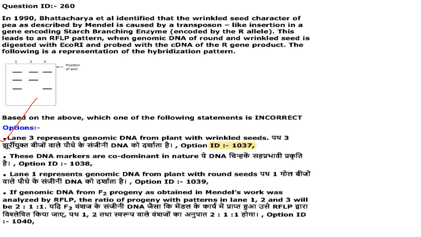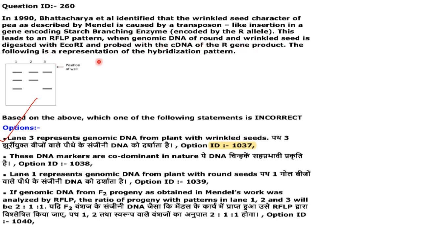Now next one. In 1990, Bhattacharya et al. identified that the wrinkled seed character of pea, as described by Mendel, is caused by a transposon-like insertion in a gene encoding starch branching enzyme encoded by the R allele. This leads to an RFLP pattern when genomic DNA of round and wrinkled seed is digested with EcoRI and probed with cDNA of the R gene product.